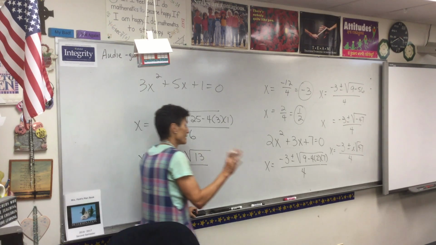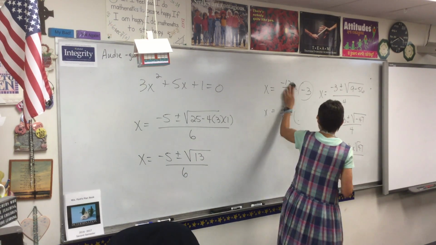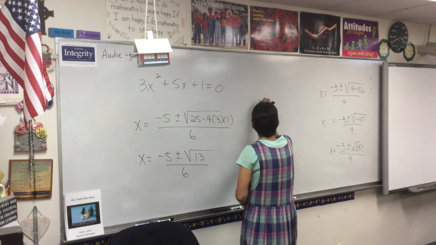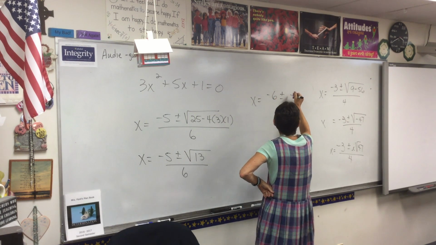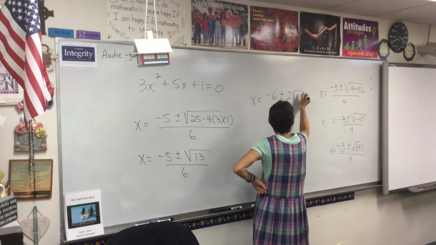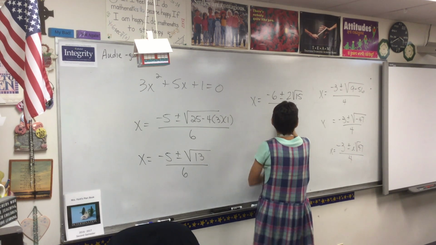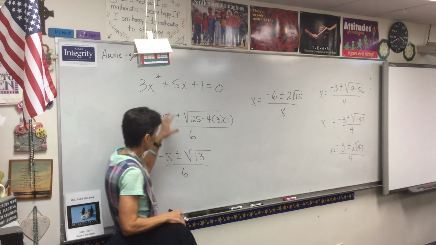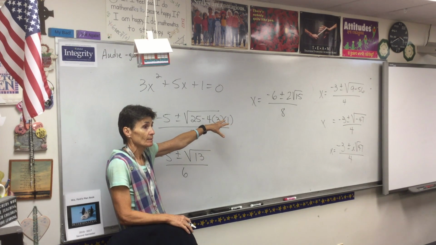Now, quick comment. Once in a while, when you do these, you will get an answer that looks like this: x equals negative 6 plus or minus 2 root 15 over 8. It's possible when you work it out that you might get something that looks like that.